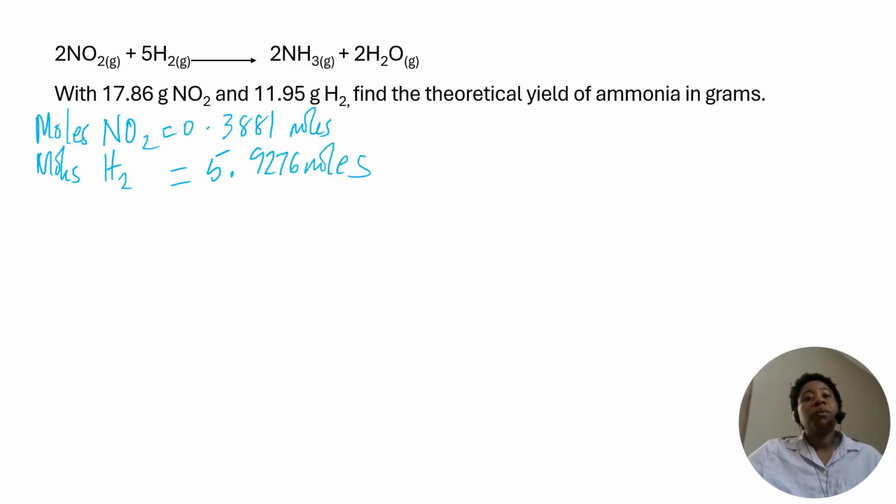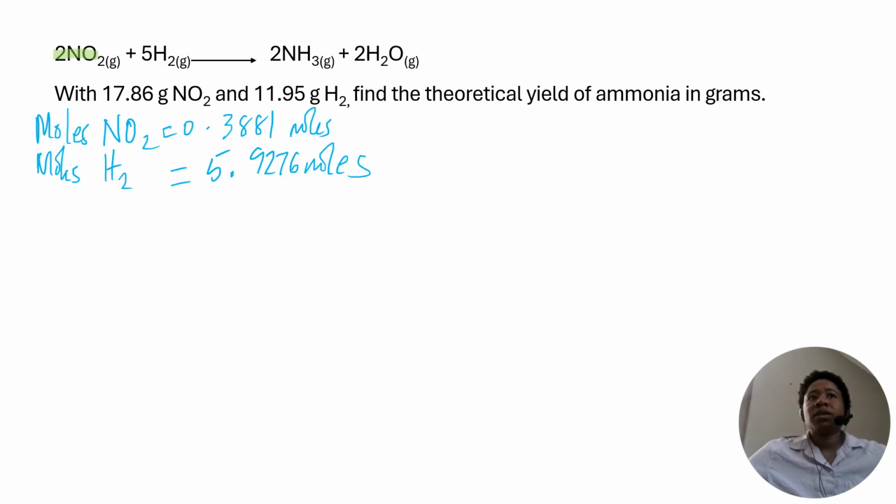Okay, so we want to see the number of moles of ammonia that would be produced from 0.3881 moles of nitrogen dioxide or 5.9276 moles of hydrogen, so as to know which one is truly the limiting reagent. And the way we do so is by focusing on the mole ratio between the reactant and the product.